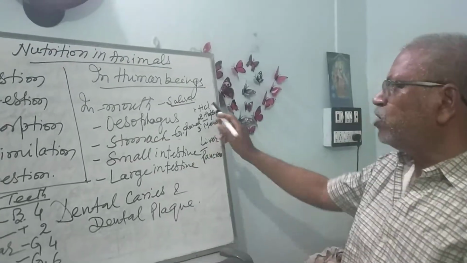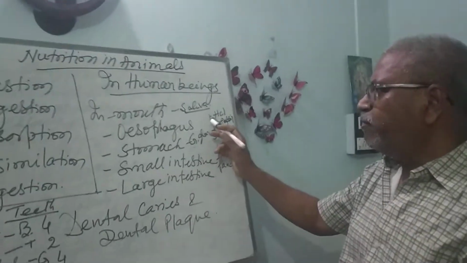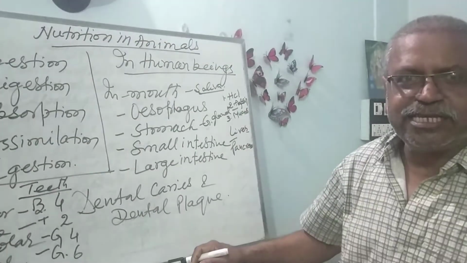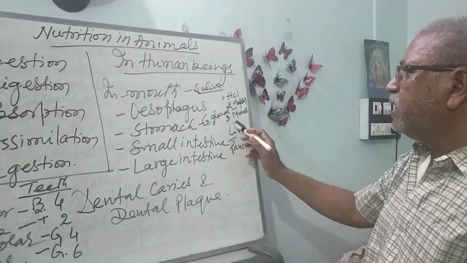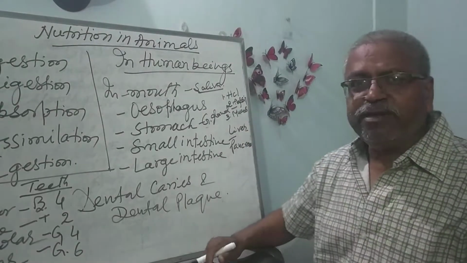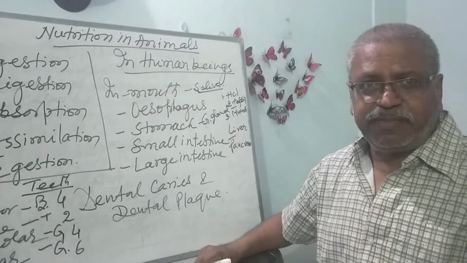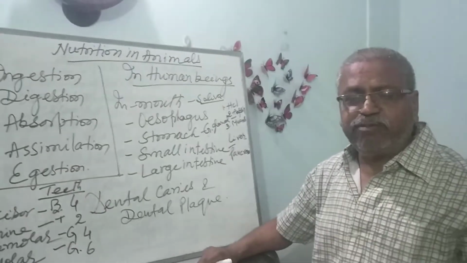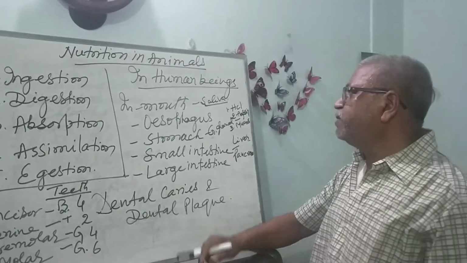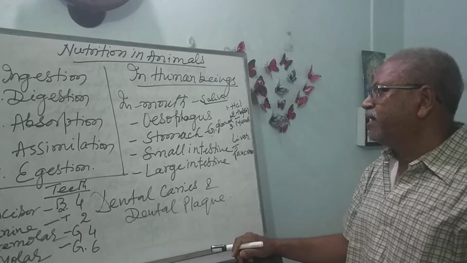The hydrochloric acid makes the food acidic so that the pepsin enzyme may act effectively. HCl helps to convert propepsin into pepsin.